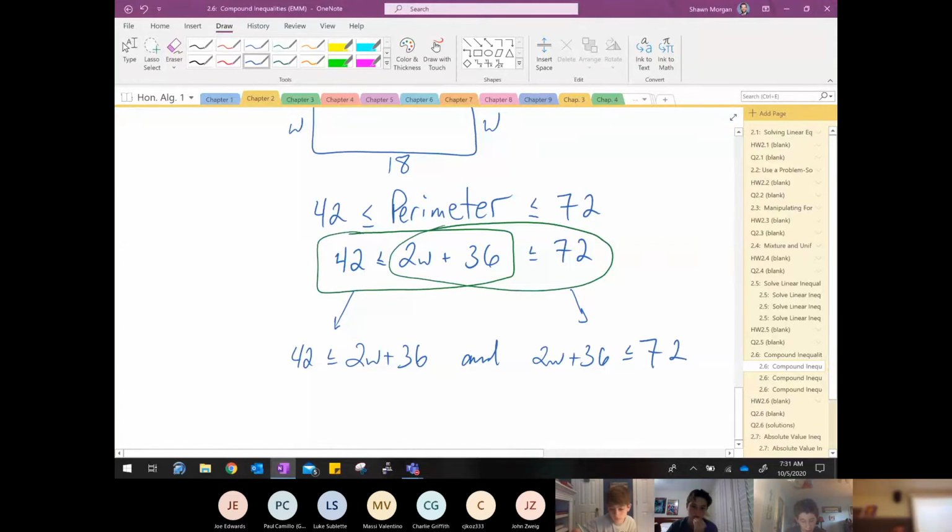Go ahead and take about 30 seconds, solve both of those out. And what we'll get is another simplified compound inequality for W. Instead of 2W plus 36 being between 42 and 72, we'll have W by itself between two other numbers. And I'm wondering what those two other numbers are.